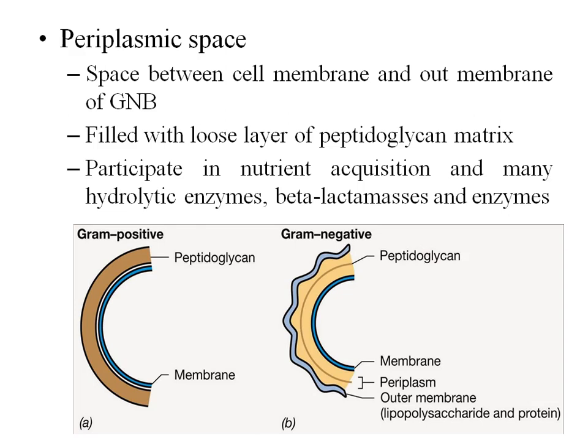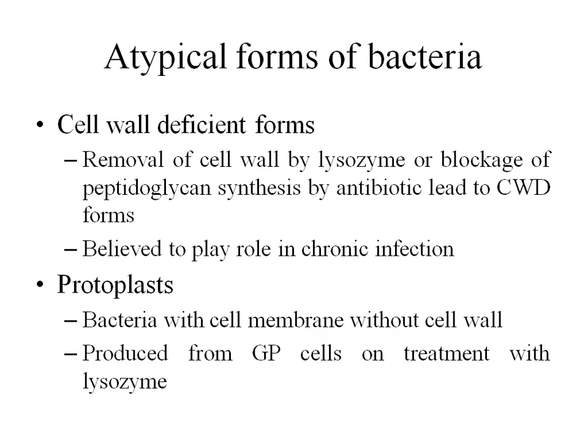Usually this space in gram-negative bacteria is filled with a loose layer of peptidoglycan, and also there are hydrolytic enzymes, some beta-lactamases, and some nutrients which are acquired from the external environment.